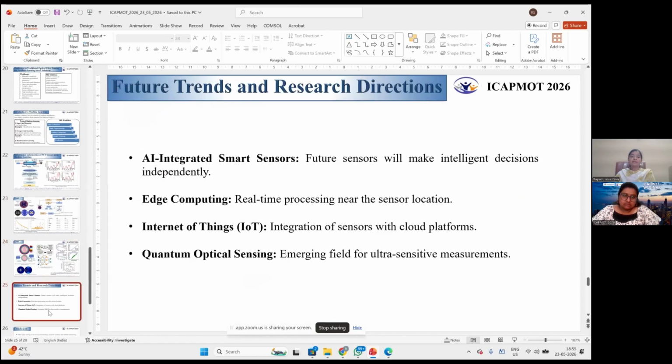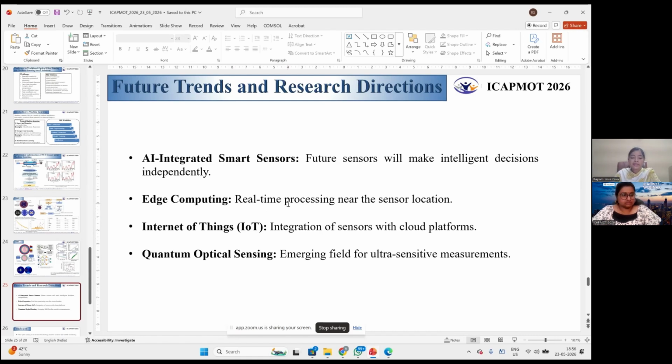So what are the future trends and research directions in machine learning based PCF SPR sensors? In future, sensors will make intelligent decisions independently, and these will be known as smart sensors. These sensors can also be utilized for real-time processing near the sensor location, which is known as edge computing.